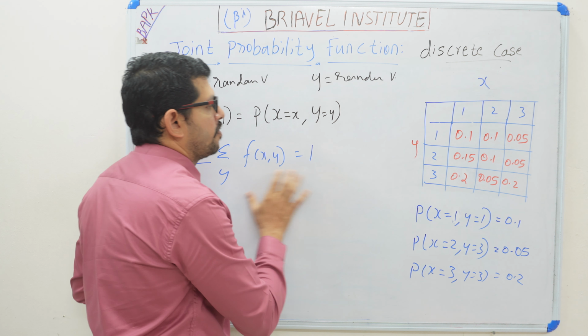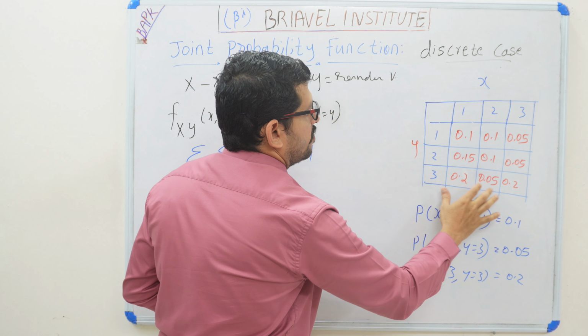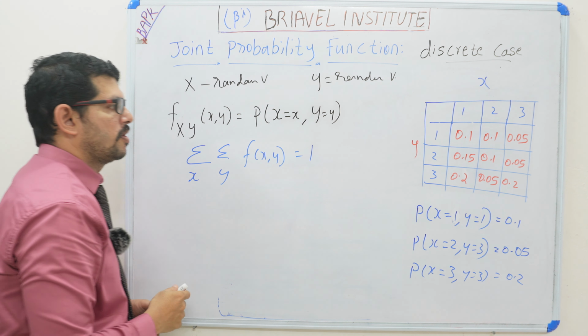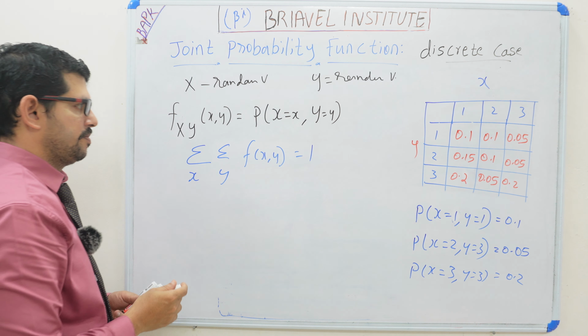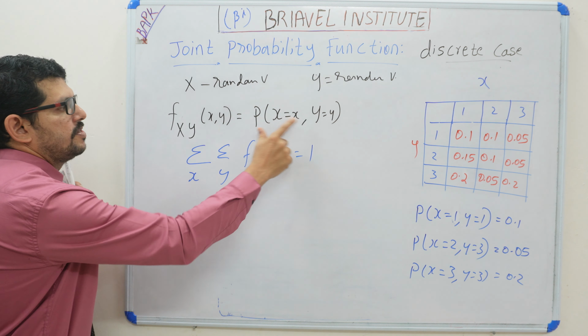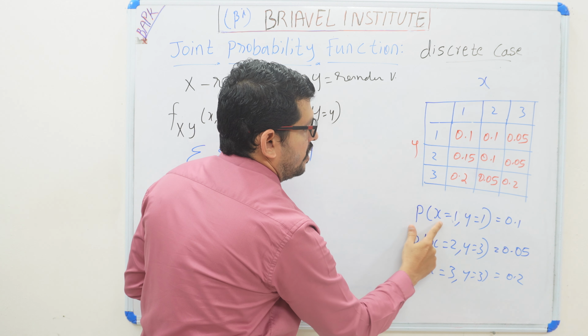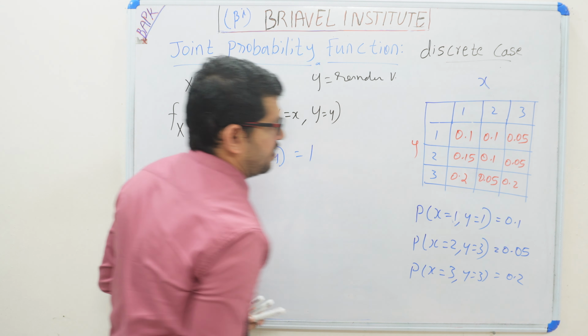That is the meaning of total probability. So now you understood how to write the joint probability distribution, and how to take the values from the graph. X is equal to 1, y is equal to 1 is 0.1.